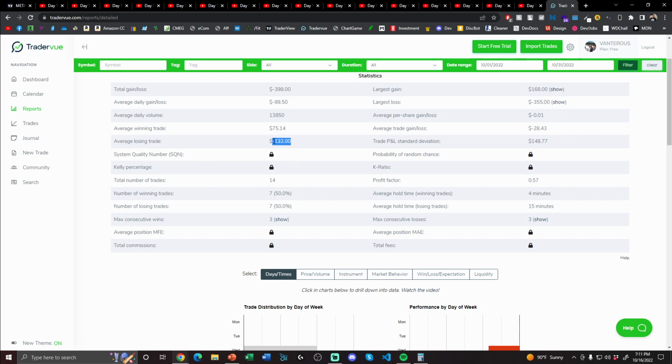But my average loser is way bigger than my average winner, just in general. In total trades, it's 14, but 7 winners, 7 losers. So it's basically 50-50. I used to be on the profitable side. I think my average was like 68 or 70. So about 70-something percent is what I used to have a couple years ago.